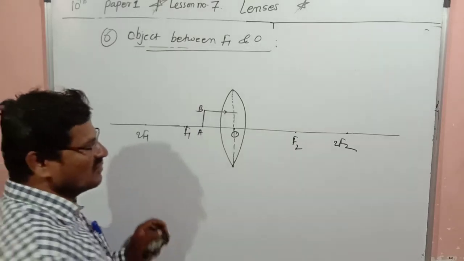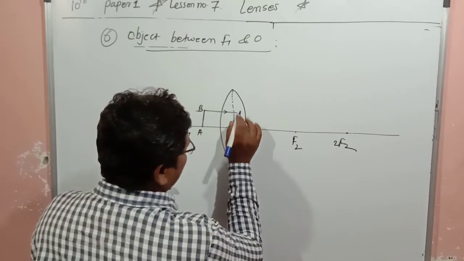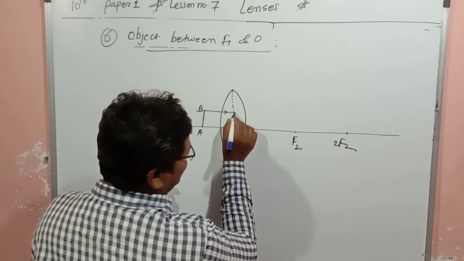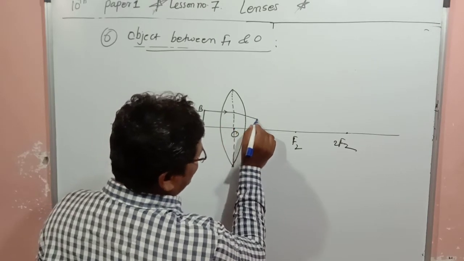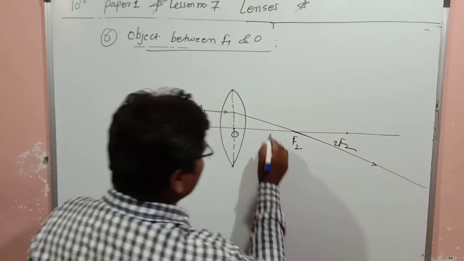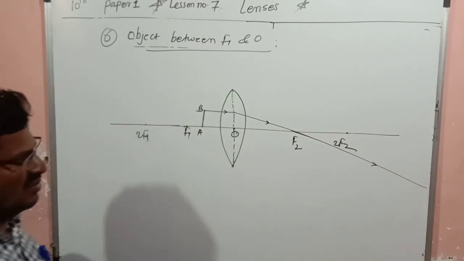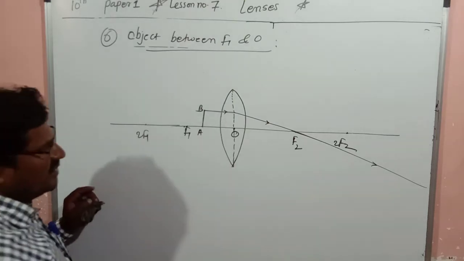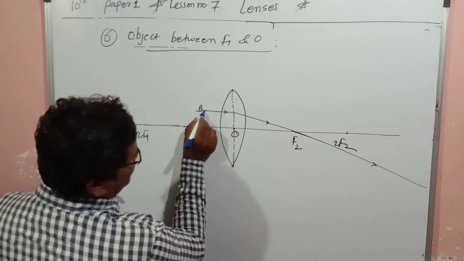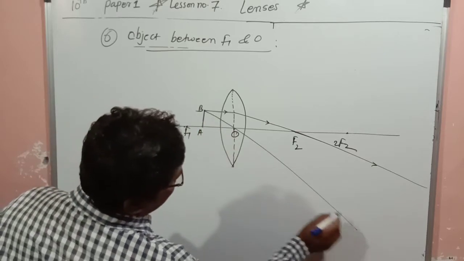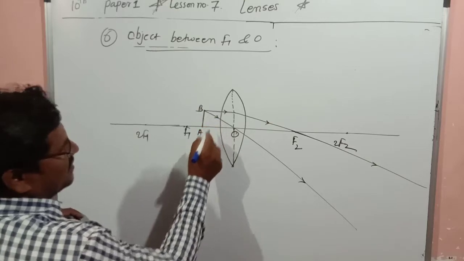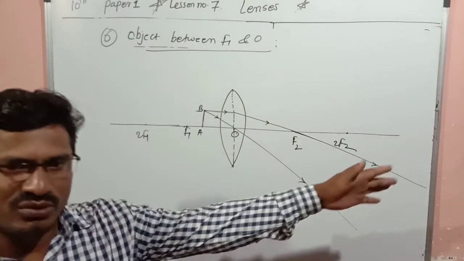According to the first rule, a light ray coming parallel to the principal axis will, after refraction, pass through the principal focus. Another light ray passes through the optical center. It does not change direction; it goes straight.